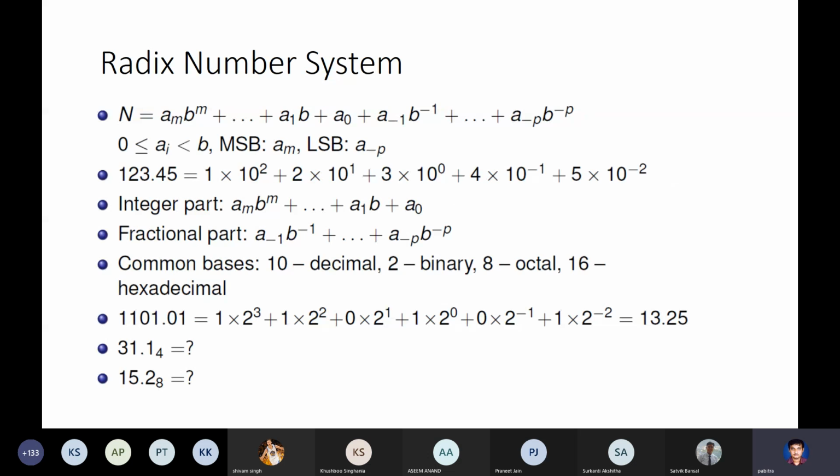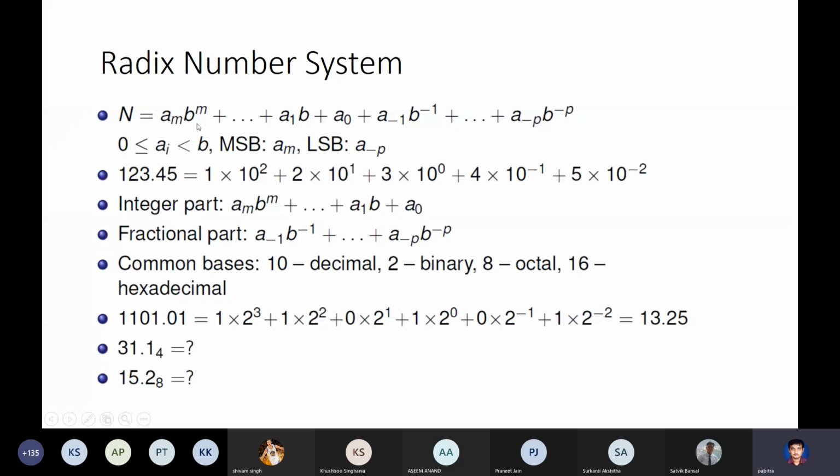Okay, so all of you know that the number systems are almost universally, except for some early systems, a positional system or a radix system. So any integer n, initially let us consider only positive integers n, can be expressed in this form.